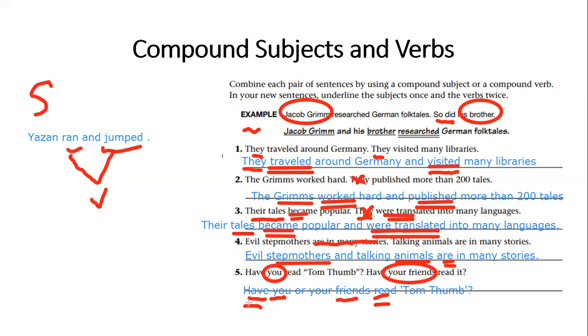And have and read is what? A verb phrase. So if I want to make it a normal sentence, I'm going to write it here: you and your friends. Well, let's make it as we just made: you or your friends have read Tom.